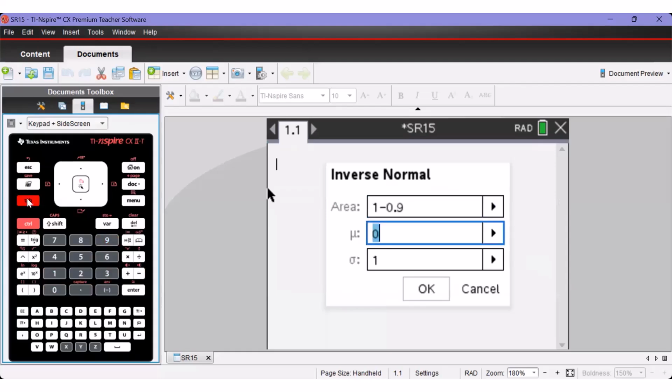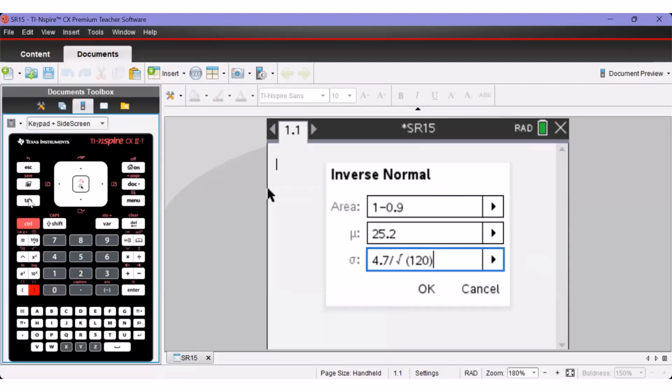Press Tab. The mean is 25.2. Press Tab. And the standard deviation, remember that it is 4.7 divided by the square root. The square root symbol is accessed by pressing Control X squared. 120, which is the sample size.